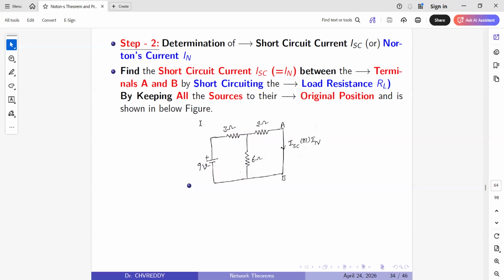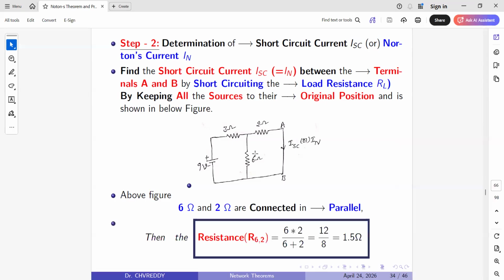If you observe this figure, here the 2 ohm and 6 ohm are connected in parallel. Then the resistance is 6 into 2 by 6 plus 2, that is equal to 1.5 ohm. So now these two resistances, the 2 ohm and 6 ohm, I am replacing with 1.5 ohm, because these two are connected in parallel.